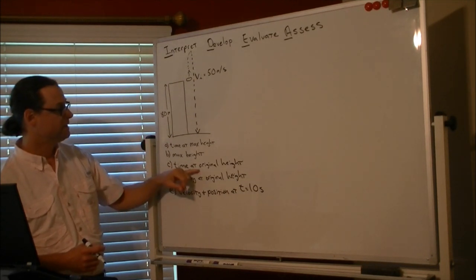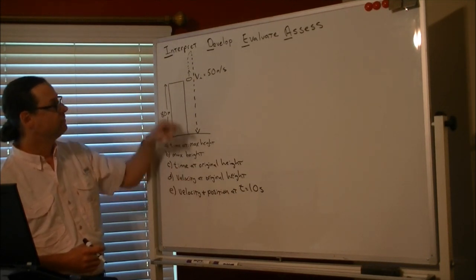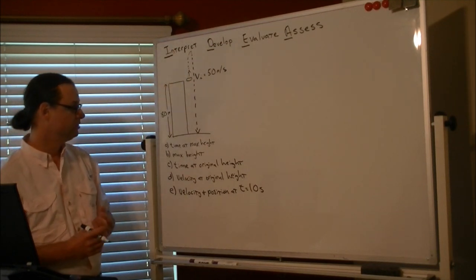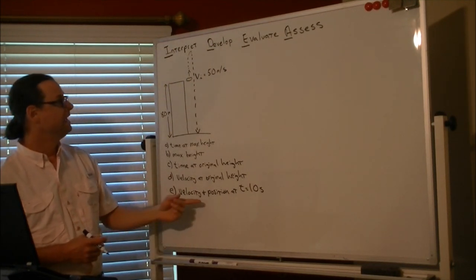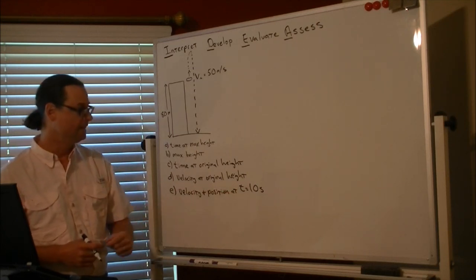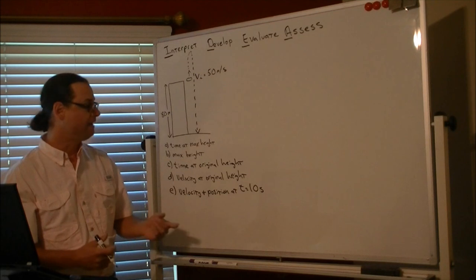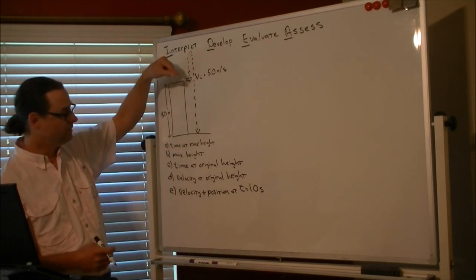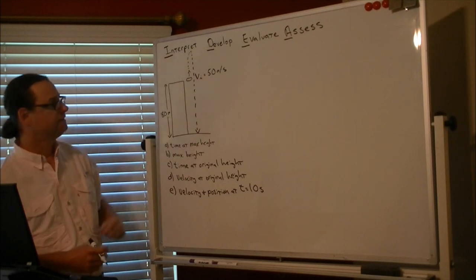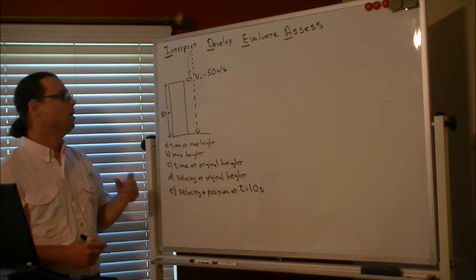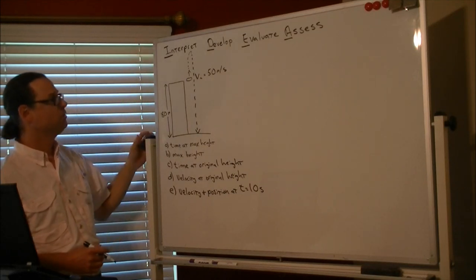So the problem's asking for the time and the velocity on the way down as it's coming back through the initial height, and then the velocity and position 10 seconds after the initial throw. So it might be still going upward, it might be coming downward. What's the velocity and the position at t equals 10 seconds?